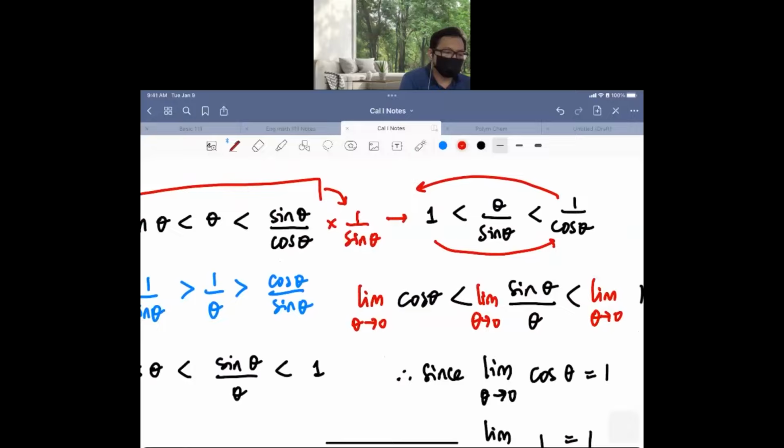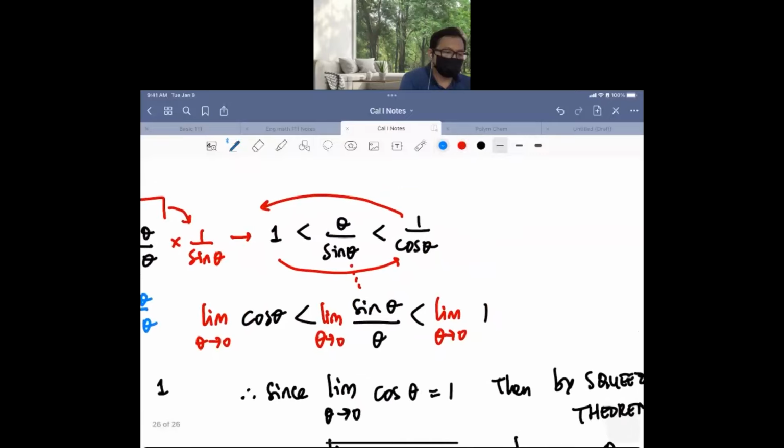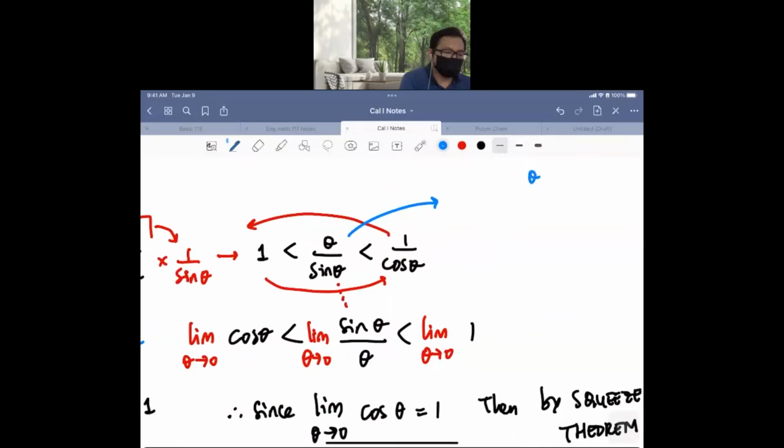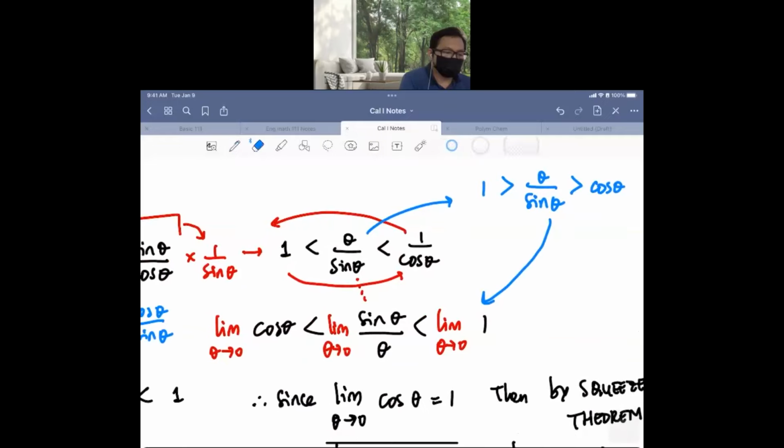From this theta over sine theta, I'm going to sine theta over theta, which implies that we need to change the left and right. So we move out. Or if you would like to see from this part, this is also okay. And then go here. Oh, sine theta over theta, sorry.